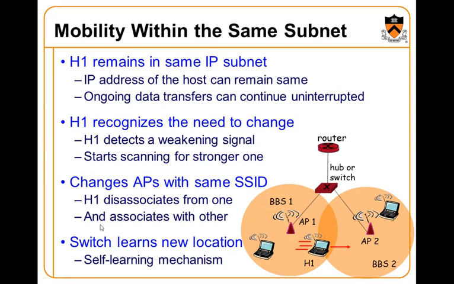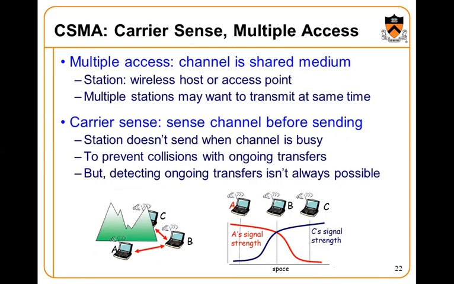So the switch learns that here is the new location of host 1, that now it is receiving the data or information of host 1 from access point 2 instead of access point 1. So here is a self-learning mechanism that is adopted by the switch, that now it is receiving data from another access point.